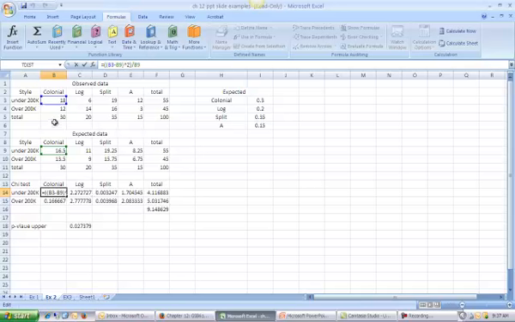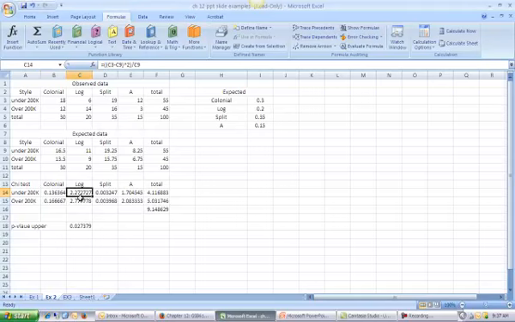Okay, so for Colonial, I observed 18 versus I expected 16.5. That quantity squared divided by my expected 16.5.